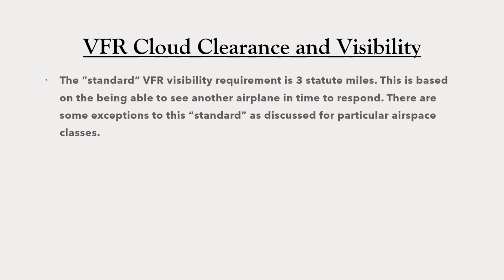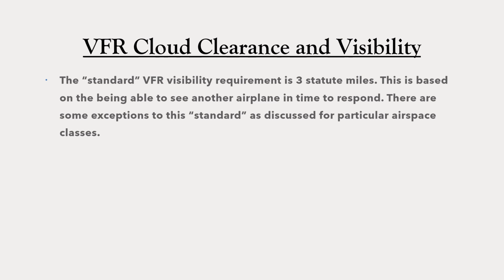So we have rules about how far we need to stay from the clouds, cloud clearance, and our visibility rules for flying under visual flight rules. There's a standard rule for the cloud clearance and visibility, which is that you need 3 statute miles of visibility.